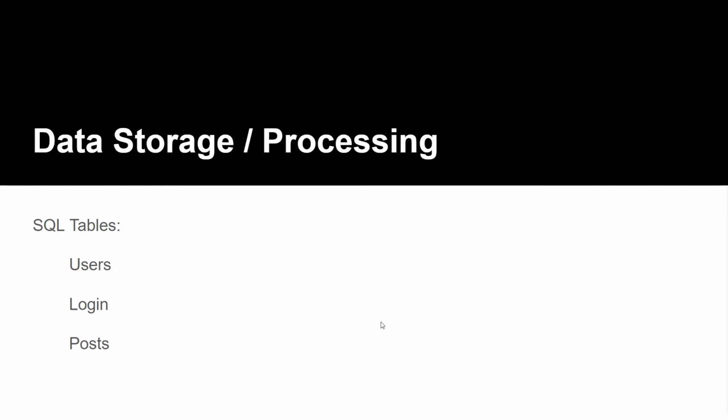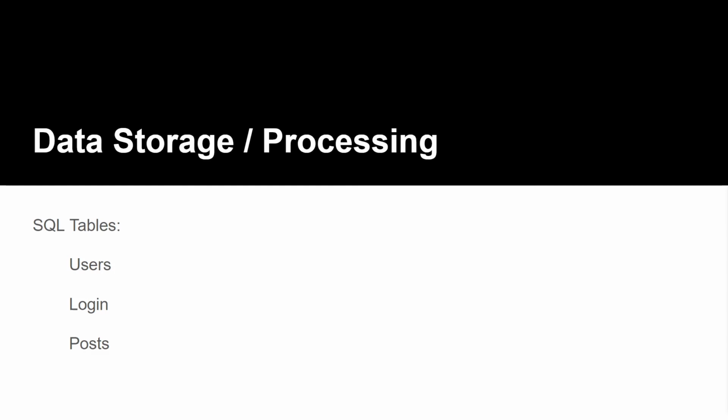Now for the post table, this stores posts that users have made. There is a unique post number which serves as a primary key. There's an author ID, which is a foreign key that references the user ID from the users table. For the posts, the file path where the image is stored is an entry.